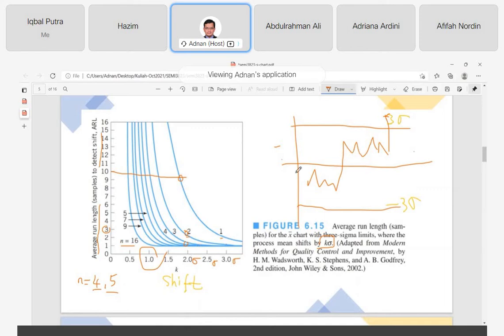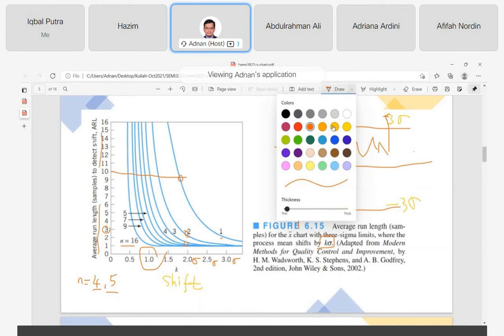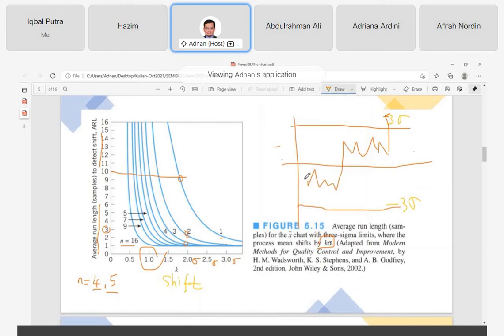Let's say the shift from here to here is happening at 2 sigma. So this line, the shift is 2 sigma.